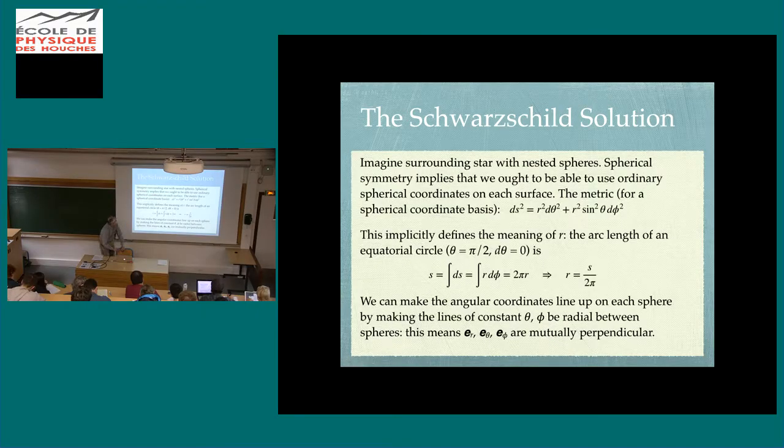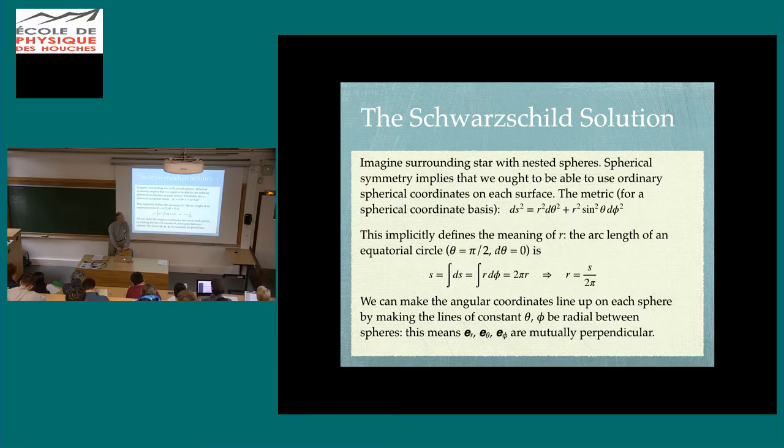So if you have spherical symmetry, then you can imagine surrounding the star with nested spheres, and spherical symmetry implies that we ought to be able to use ordinary spherical type coordinates. And the metric for a spherical coordinate basis, we derived ourselves a few sessions ago.